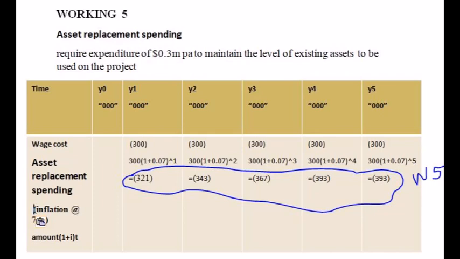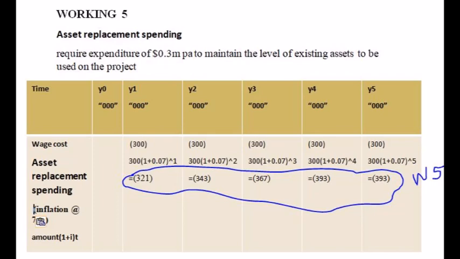So expenditure is 300 per year, which is constant up to year 5. So we are going to inflate. Always we use this formula: amount multiplied by 1 plus I, where I is the inflation rate, to the power of time. As you see, this is the working 5 solution.